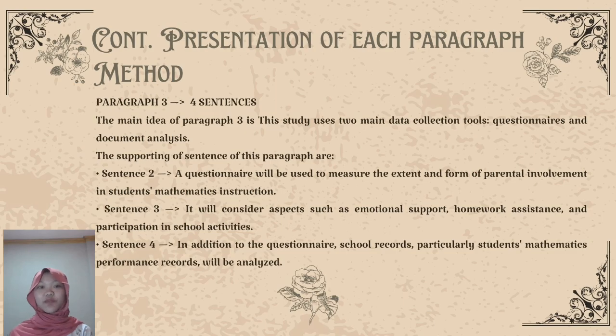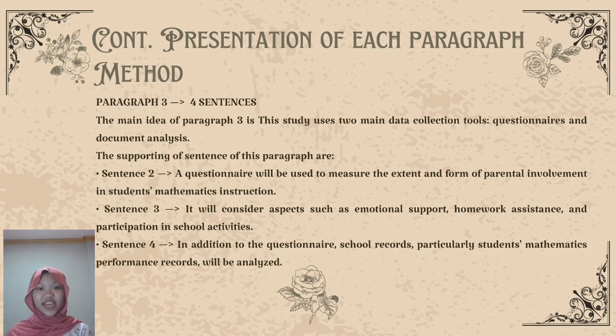Okay, next is paragraph 3. In the third paragraph, I have 4 sentences. The main idea of paragraph 3 is the study used 2 main data collection tools, questionnaires and document analysis. The supporting sentences of this paragraph are: sentence 2 contains, a questionnaire will be used to measure the extent and form of parental involvement in students' mathematical instruction.